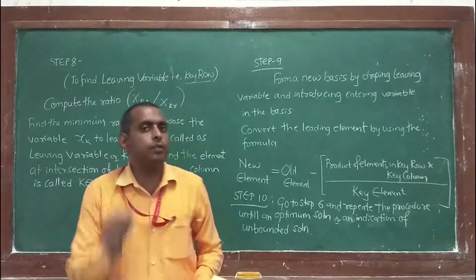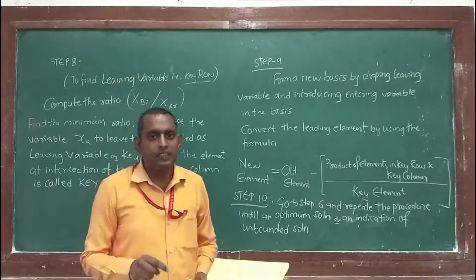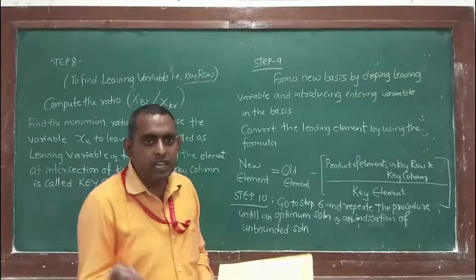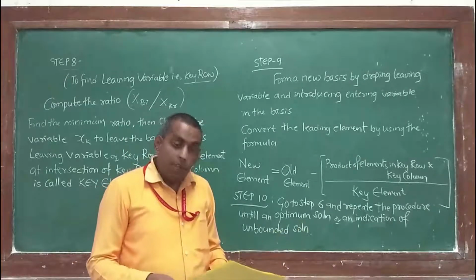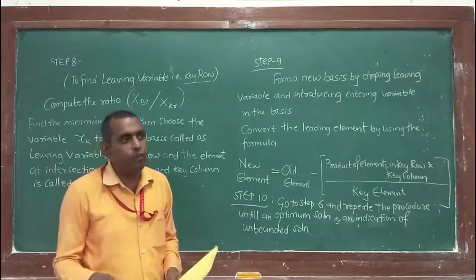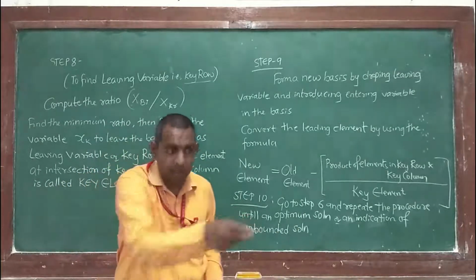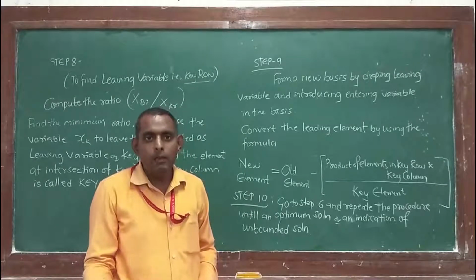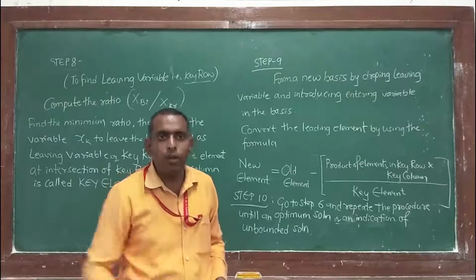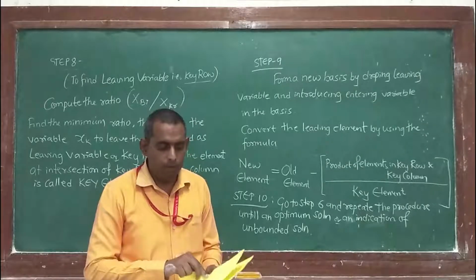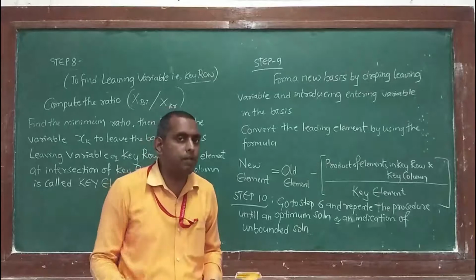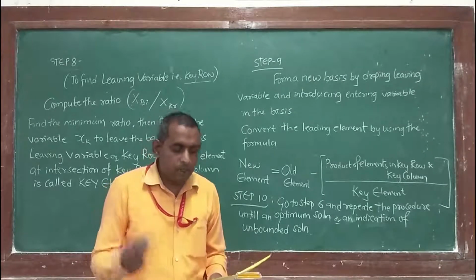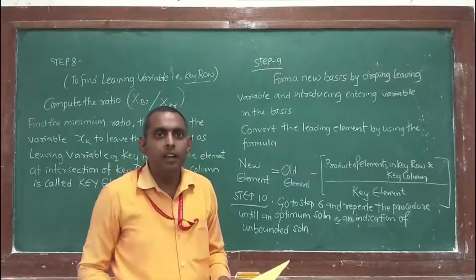Then in step number 6, we compute Zj minus Cj. So we check whether Zj minus Cj is positive or negative. If Zj minus Cj is positive, we have the initial basic feasible solution. If Zj minus Cj is less than 0, then we choose the most negative Zj minus Cj value. Fine. Whereas in step number 7, we find the entering variable, and in step number 8, we find the leaving variable.